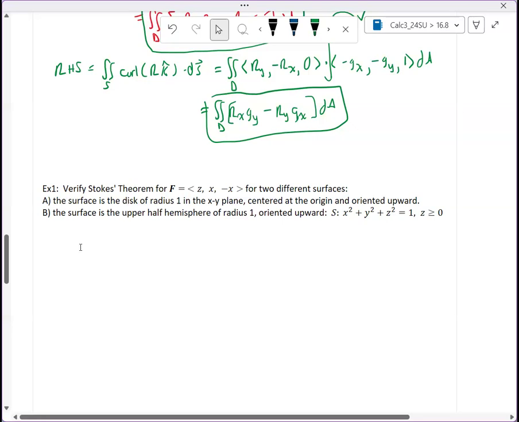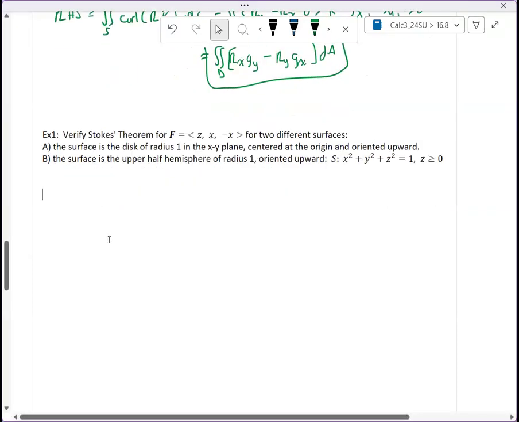So I'm going to compute two surface integrals and one line integral, and hopefully we'll show that they're all equal to the same value. This will demonstrate or verify Stokes' theorem, as well as the idea of surface independence. Of course, this isn't a proof, but just a demonstration of their equality.